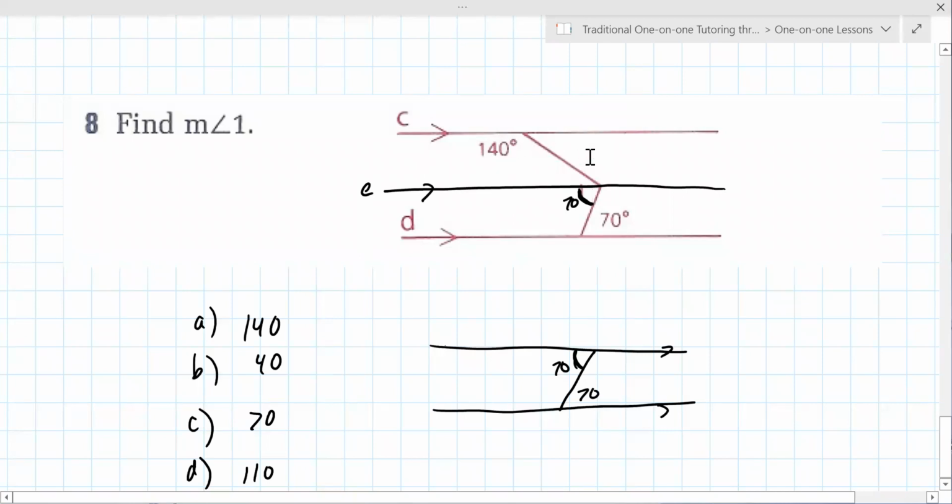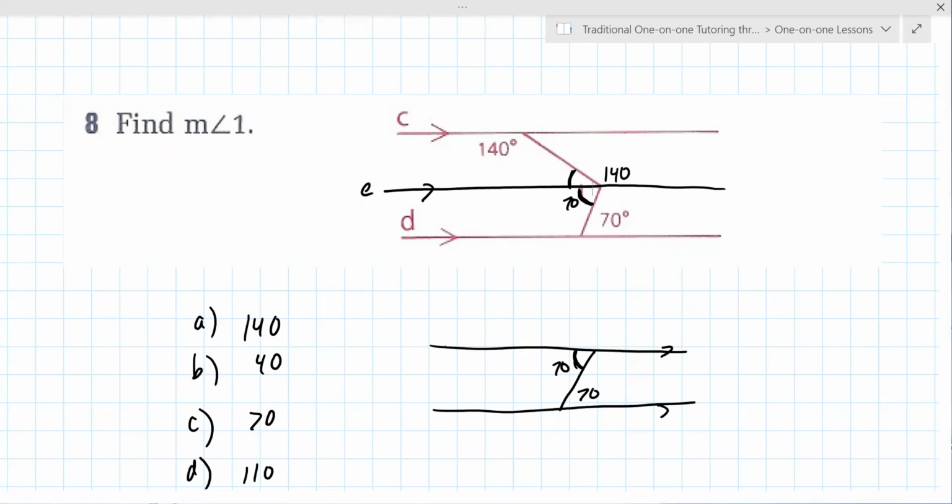This 140 is also the angle over here. But what would this angle on the other side of it be? What do these make up when they're on a line? 180. So 40.